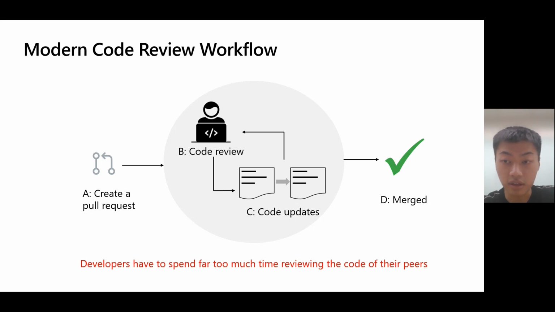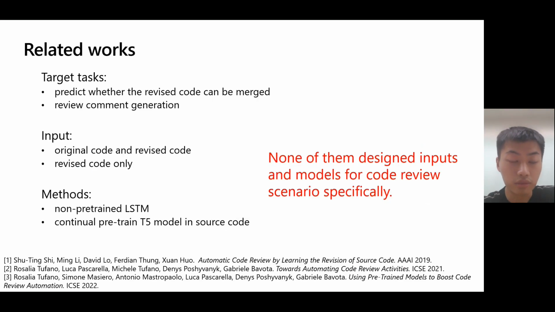To maintain the quality of code and products, the developers have to spend far too much time reviewing the code of their peers. So automating code review activities has been a new research direction. Previous works targeted different tasks, like predicting whether the revised code can be merged, or review comment generation.